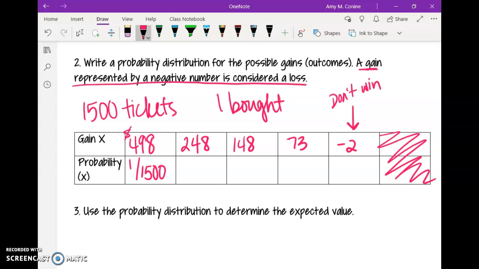Okay, you have one shot to get that first prize, which means you also have one shot to get the second prize. Okay, which also means you have one shot to get the third prize. Same for the fourth prize.